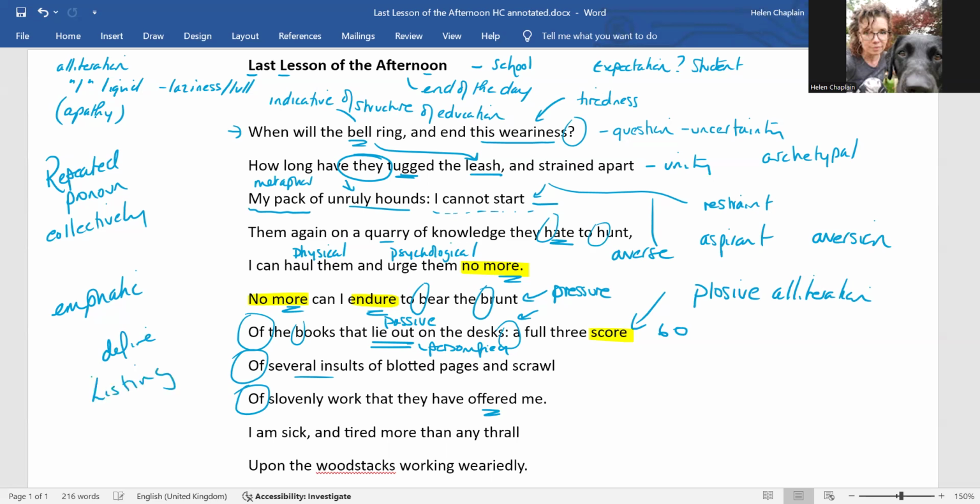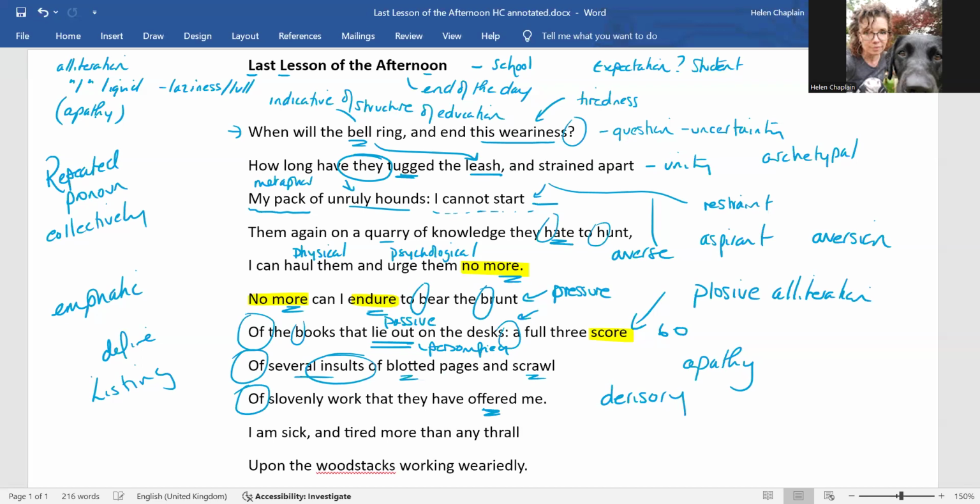This is what I'm suffering. This is what is piling up from that repetition. He doesn't even really view it as anything other than an insult, that they are blotted and scrawled. This is the language of laziness and apathy and really not caring from these students. And the idea that they have offered makes it seem derisory.